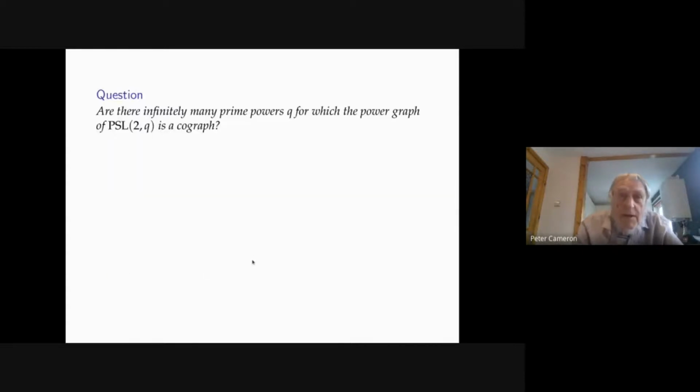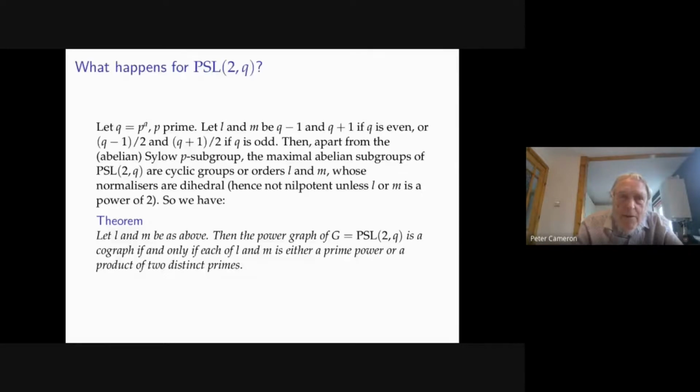And so here's a question. This is another, I think, hard number theory question. Are there infinitely many prime powers Q for which the power graph of PSL2Q is a cograph? So we'd have to be able to solve this number theory problem of taking a prime power Q, defining L and M, and asking that each of them should be either a prime power or a product of 2 distinct primes.